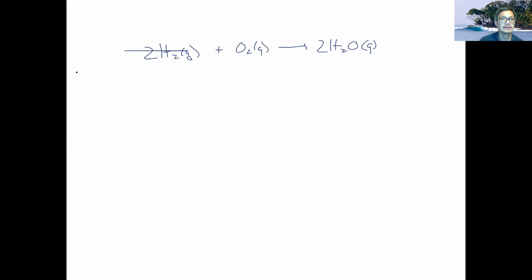So again, at the molecular level, they ask us to count the molecules. So we start out with 2 molecules of hydrogen and 1 molecule of oxygen to produce then 2 molecules of water. Okay.